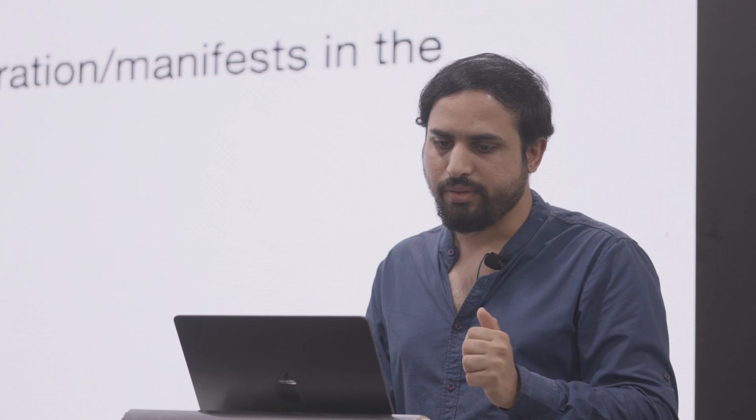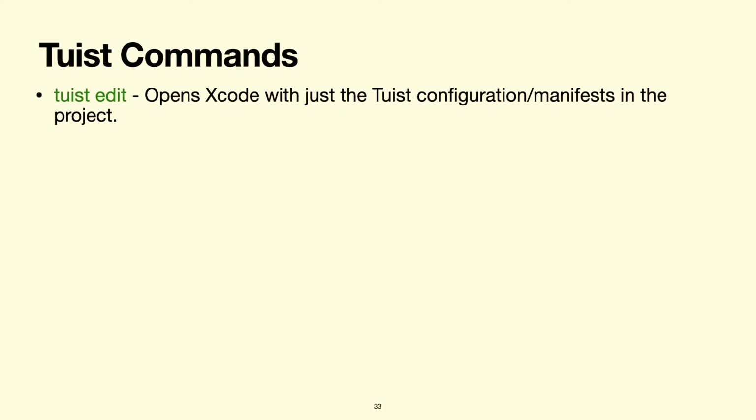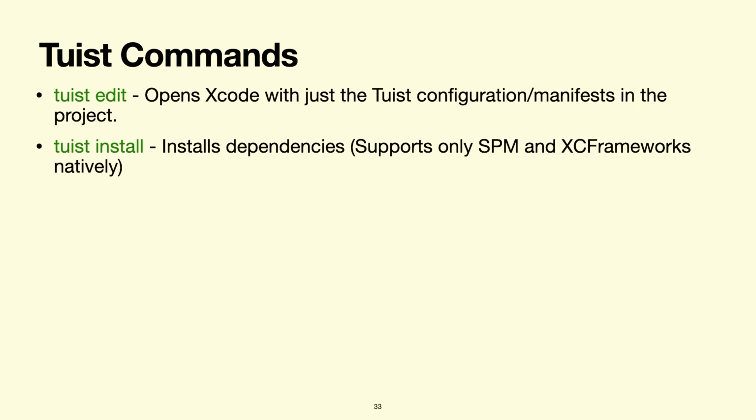And when it comes to the commands, let's look at a few of them which you might most commonly use. The first command is Tuist edit. This one is for when you want to open up the configuration files inside your project and just work with the configuration files. And then you have Tuist install, which installs the dependencies. Currently, Tuist natively supports dependencies using SPM, or XCFrameworks where SPM is not available.